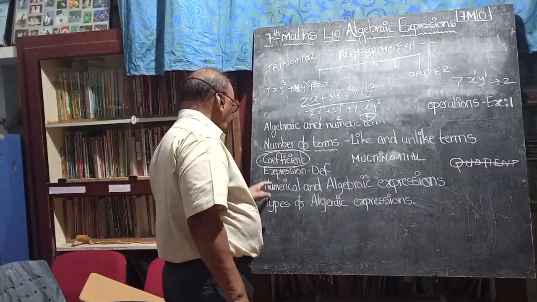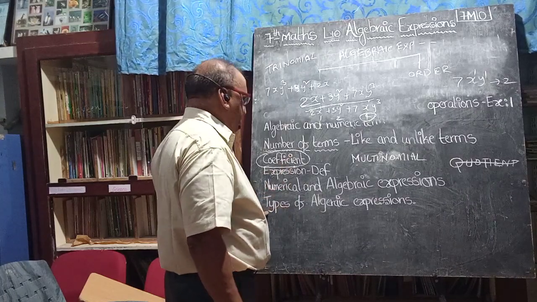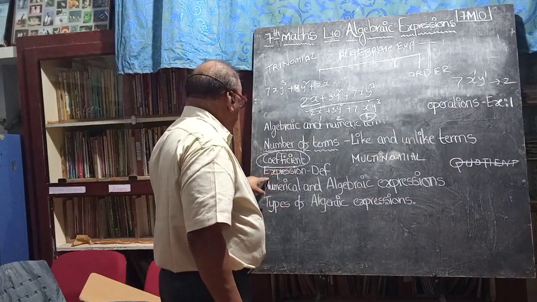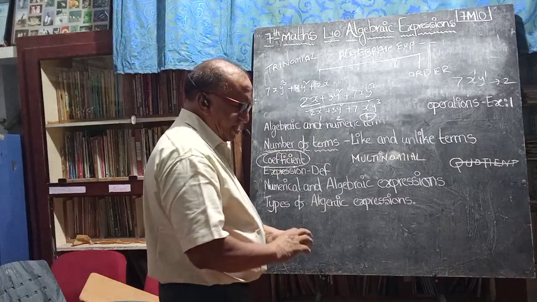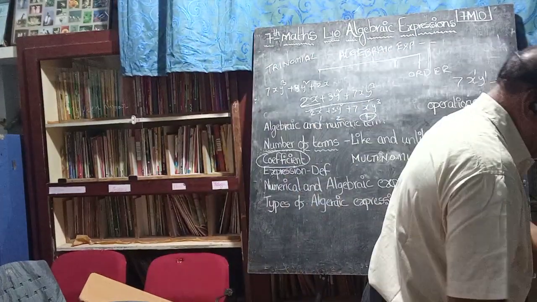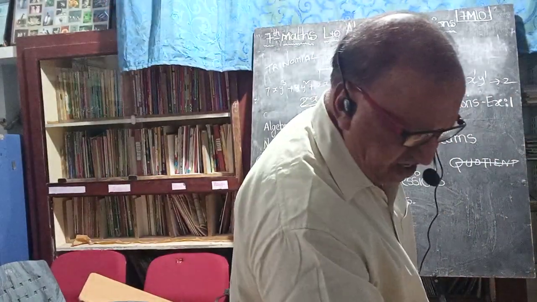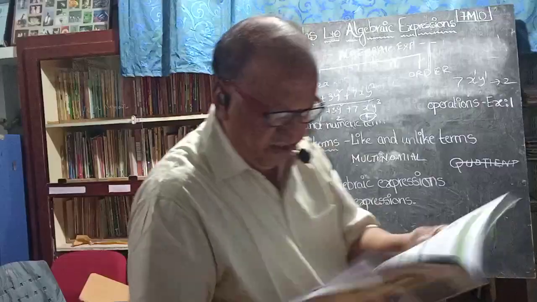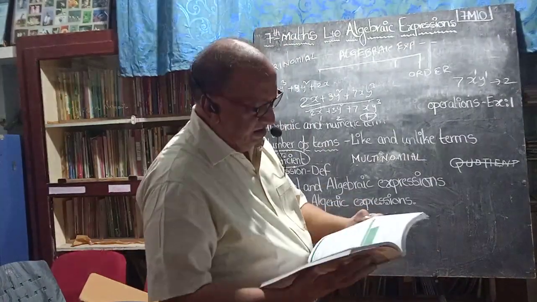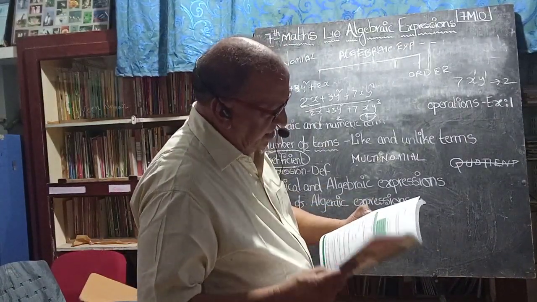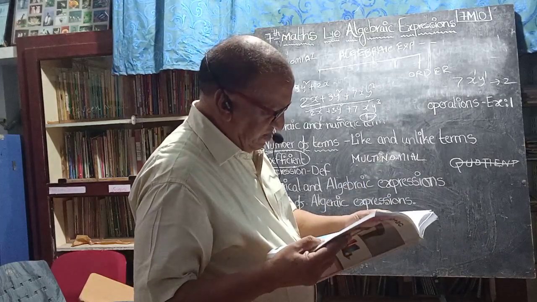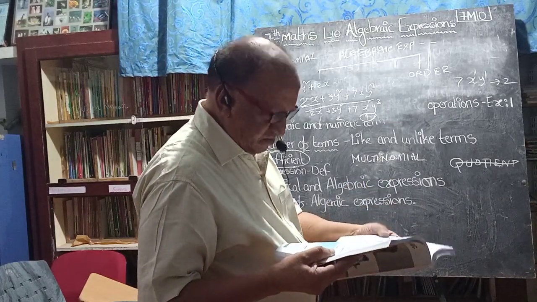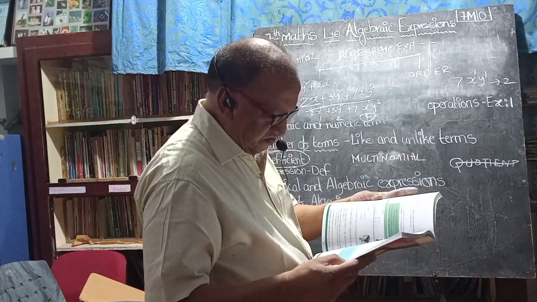So I told you about numerical and algebraic expressions, and the types of expression. Now the definition of the expression. There is a standard definition I would like you to see.